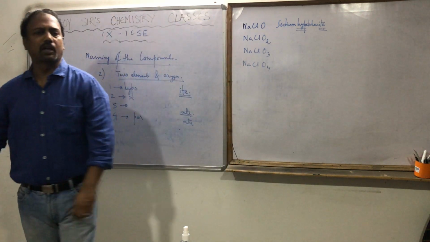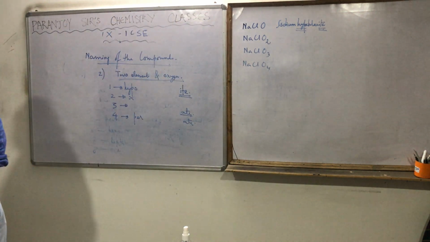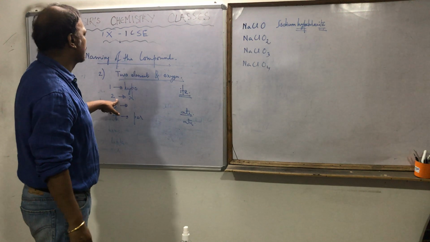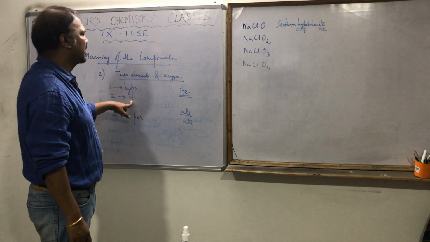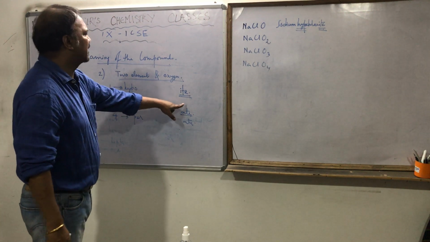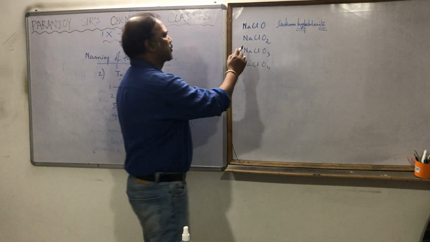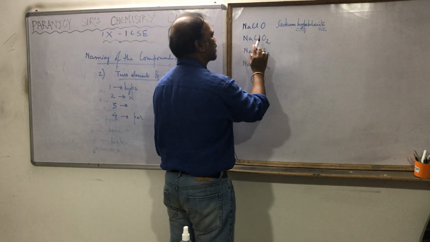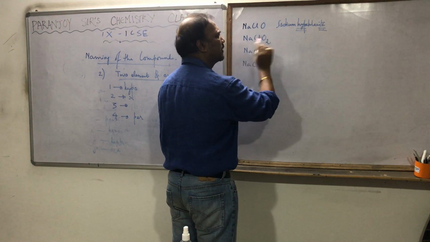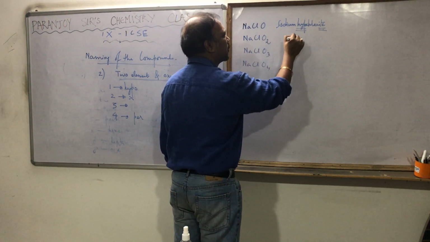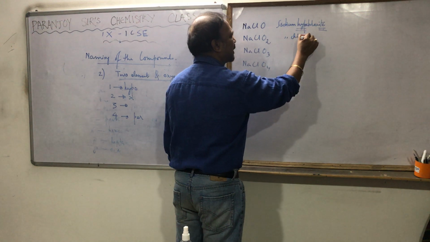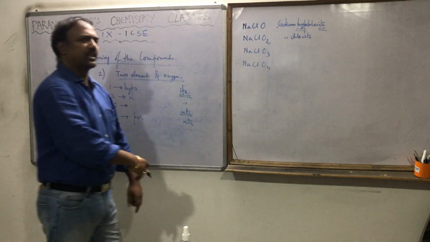Okay, sodium hypochlorite. What should be the name of the next one? If two are there, there is no prefix, and finally it is ITE. So the name is sodium chlorite. Nothing extra. Is it clear? Sodium chlorite.